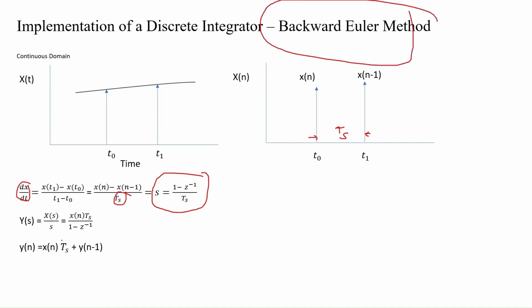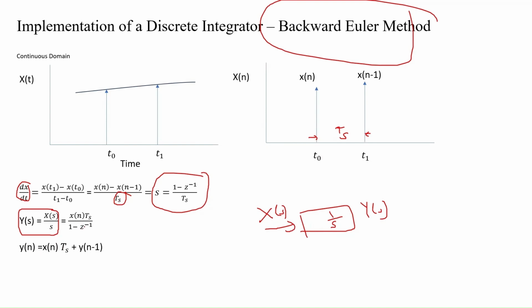Now let's assume that this is the integrator you want to implement. X of s is the input, and you want y of s, so you want to do some integration of this x of s signal: x of s by s. How will you do that?